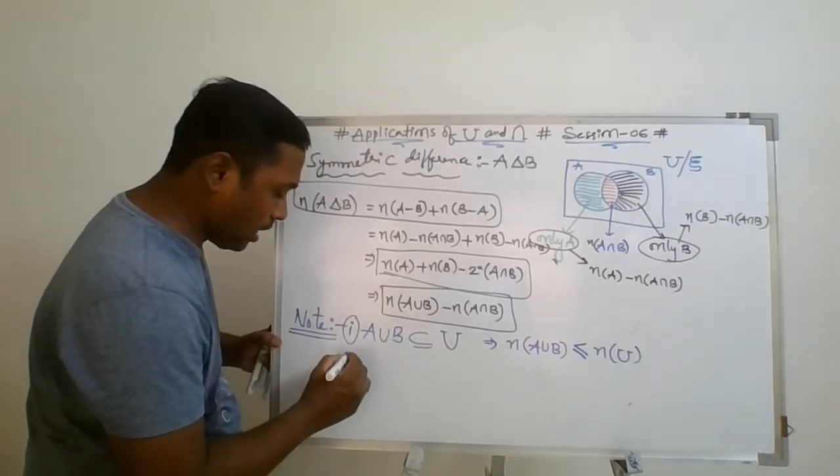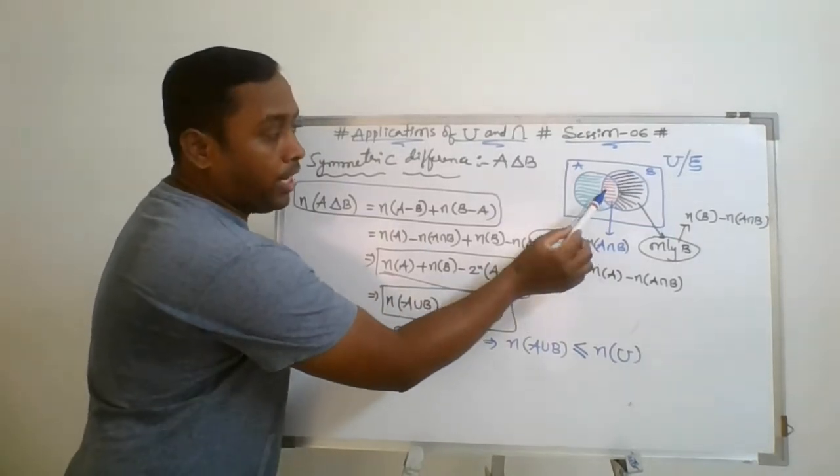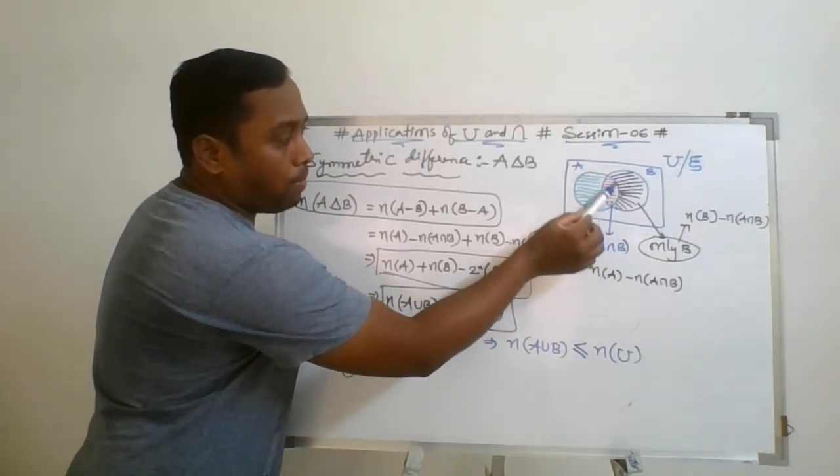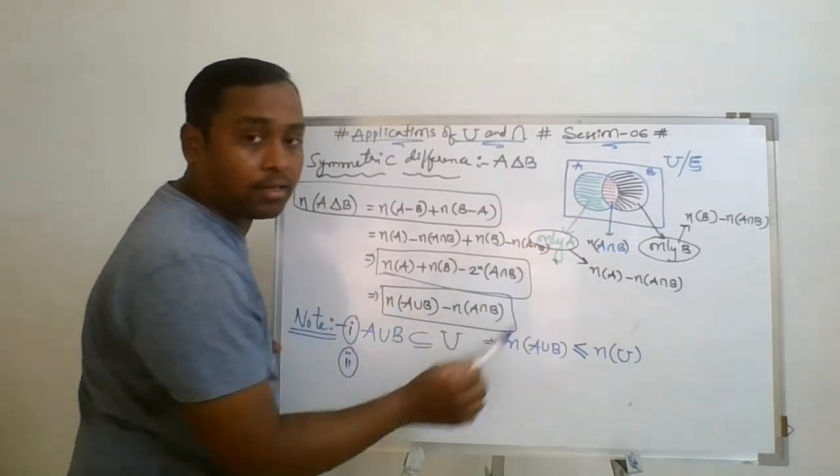The second result I am talking about. If you see the red portion, it is a part of the first circle as well as a part of the second circle.